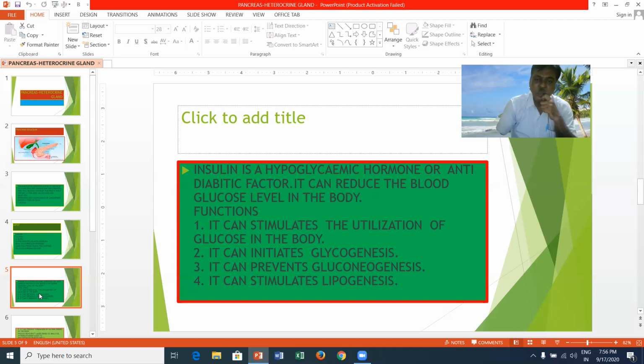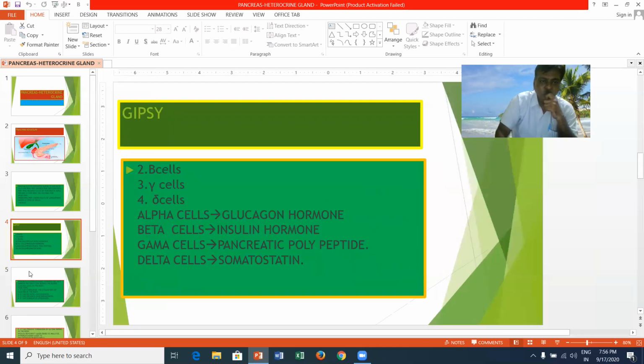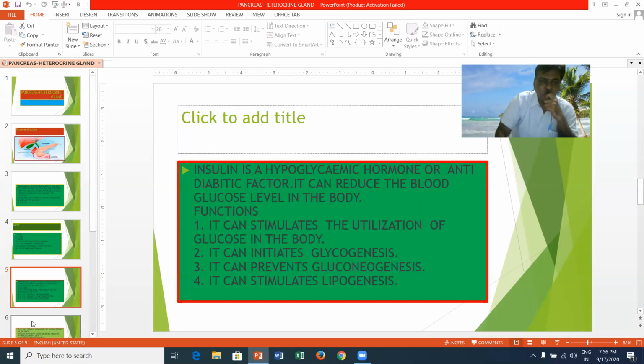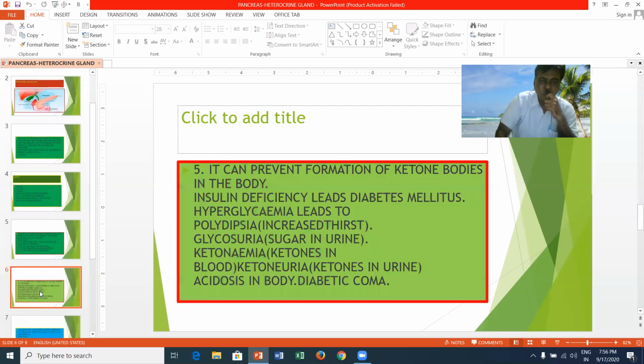It prevents gluconeogenesis. It can stimulate lipogenesis. That means the carbohydrates may be converted into fats, which is called lipogenesis. It can prevent formation of ketone bodies in the body.